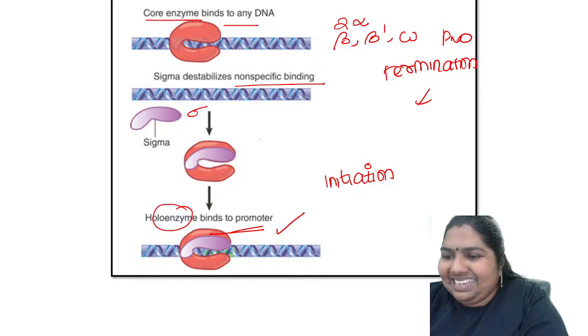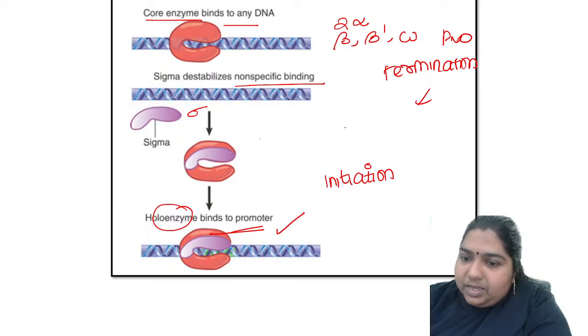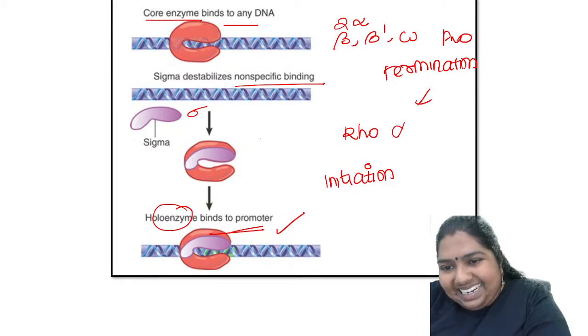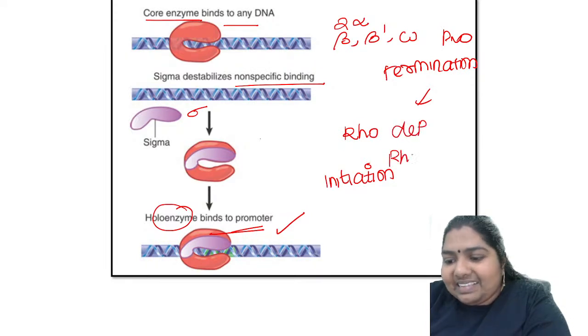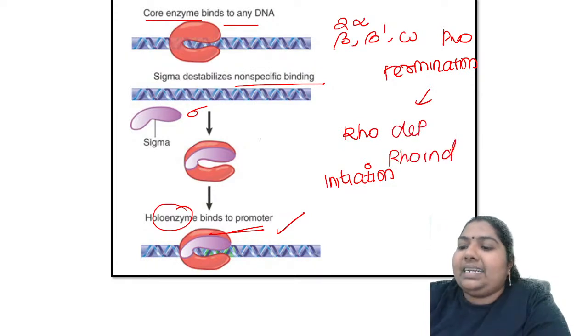The polymerase continues until it reaches the end. When it reaches the end, it comes off. So that is rho-dependent termination as well as rho-independent termination.